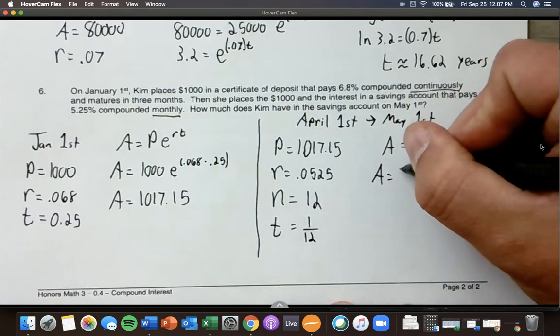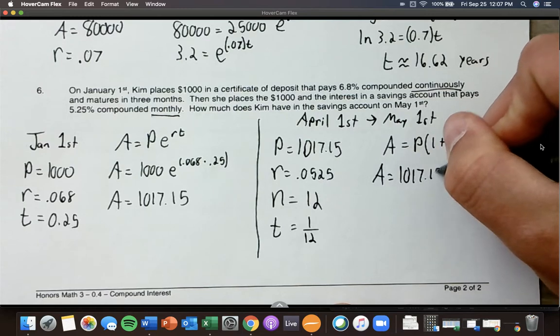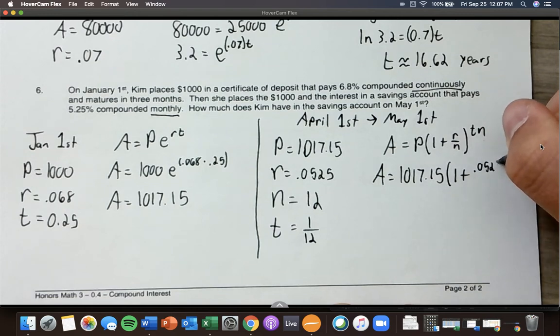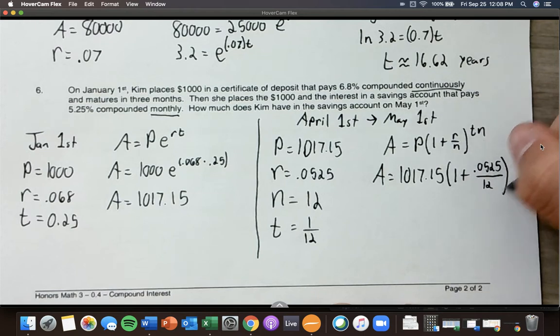All right, so now that we have all this, all we have to do is plug it into our equation. We have 1017.15 times 1 plus 0.0525 all over n, which is 12. And that's all raised to the 1/12 times 12.